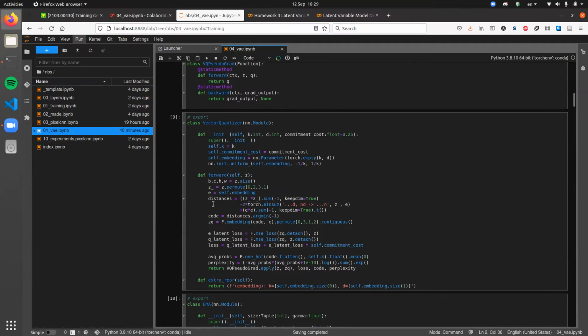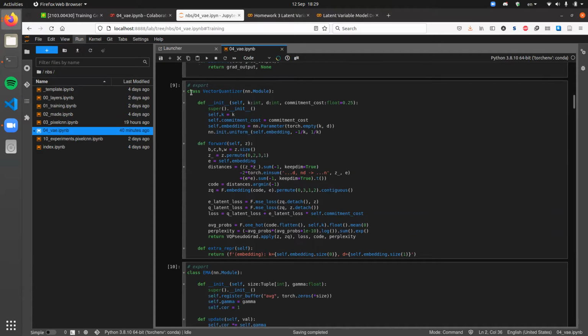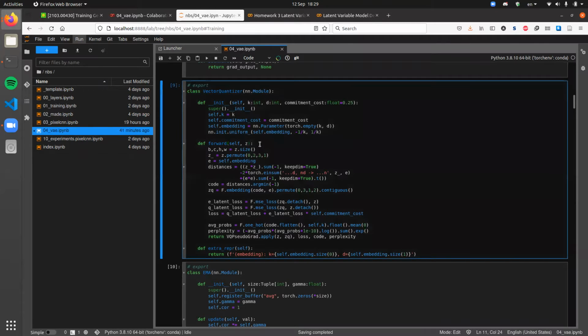The main component of VQ-VAE is the vector quantizer. Here is my implementation of the vector quantizer. What we get is some latent variable, which is the output of the encoder. And then we have an embedding.